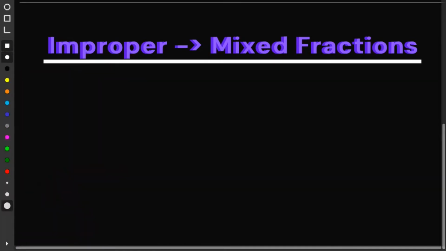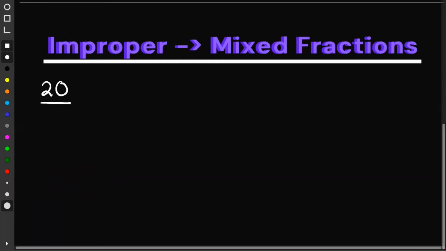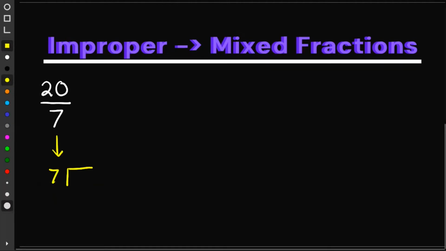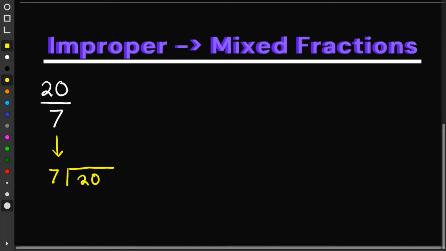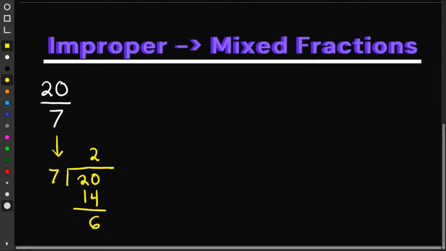Let us try more examples. So if we have 20/7, applying division again would give us 2, 14, and 6.